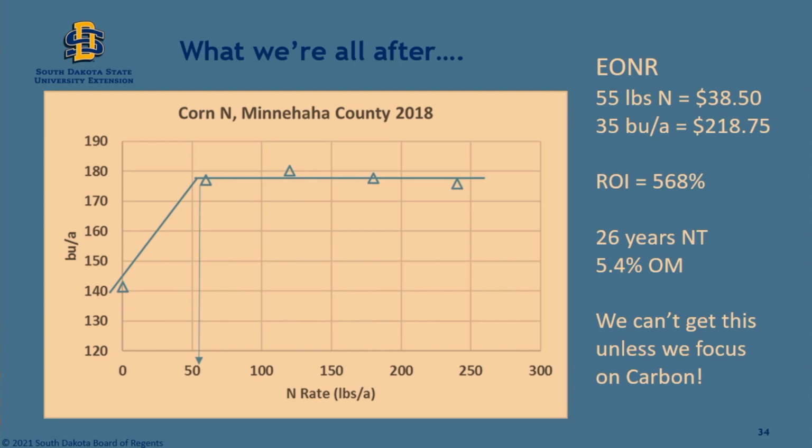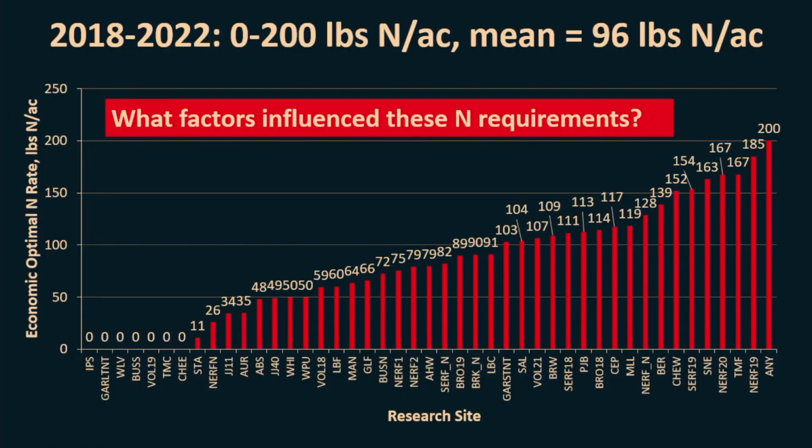It just is. So these are all the sites that he's done. You can see there that the economic optimum nitrogen rate varies from 0. There's several sites at 0 all the way up to 200, okay? And this is another example why soil testing is not perfect, okay?